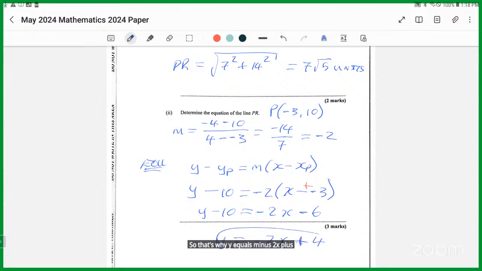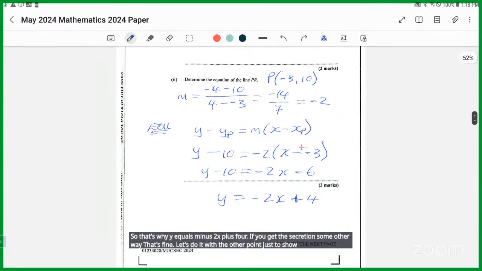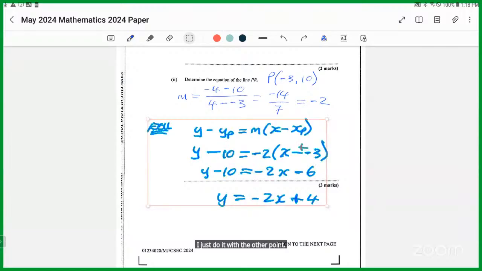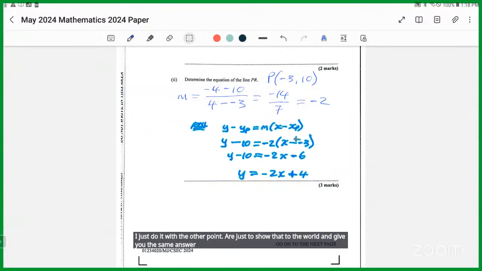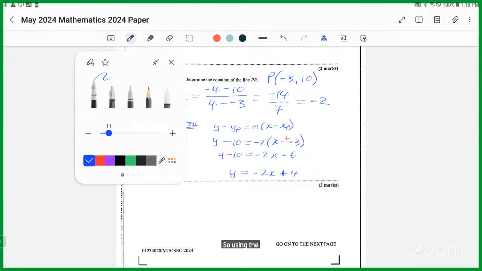If you get this equation some other way, that's fine. Let's do it with the other point just to show that it would work as well. Let me reduce the size of this. And just do it with the other point, R, just to show that it would work and give the same answer. All right, let me do it here. So if you're using the point R, the result is going to be the same.